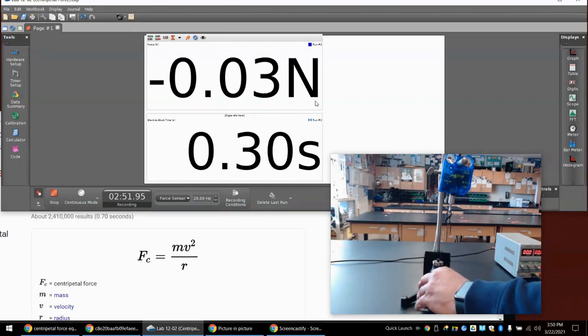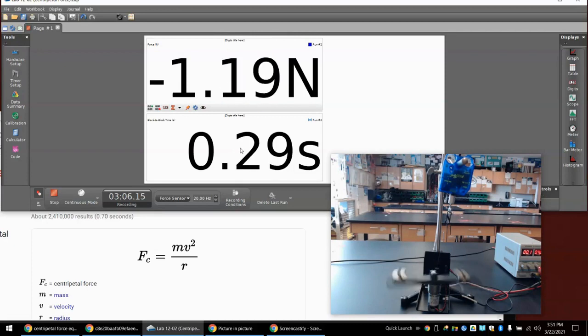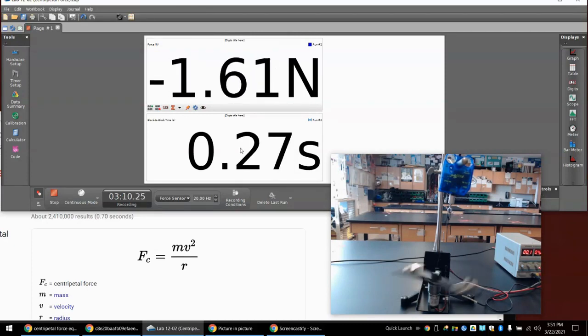Okay, and now we are going to again turn it on. We're going to line up the period. It's really about lining up the period, so that the amount of time it's taking to go around gives us the same velocity at this point.